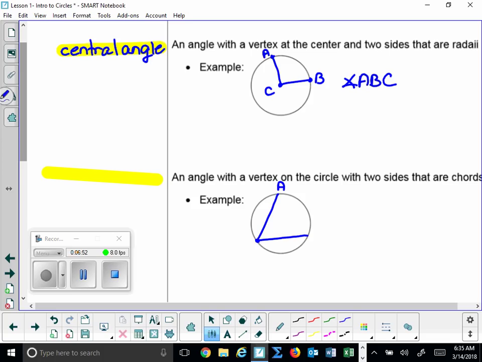So A, B, C, and I guess I will name this circle P. So angle ABC. We call this an inscribed angle. Vertex on the circle.